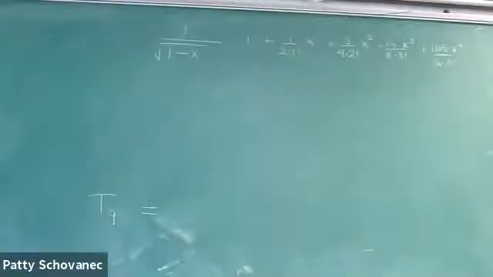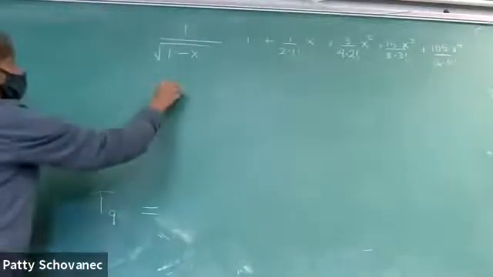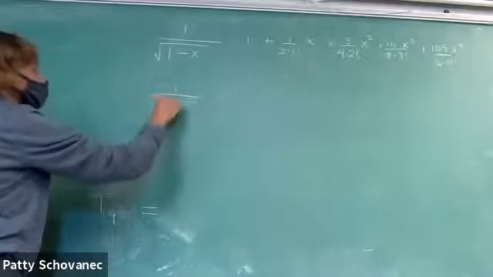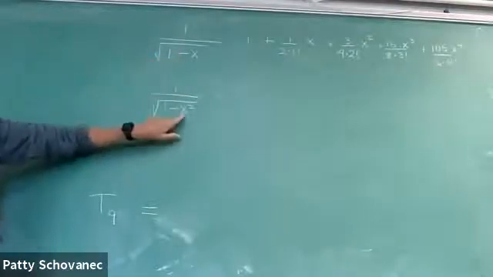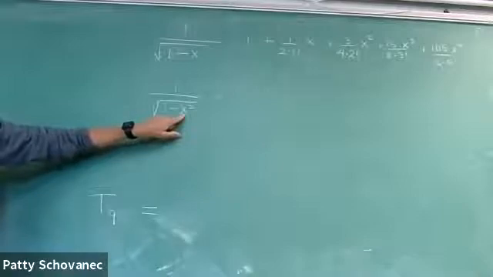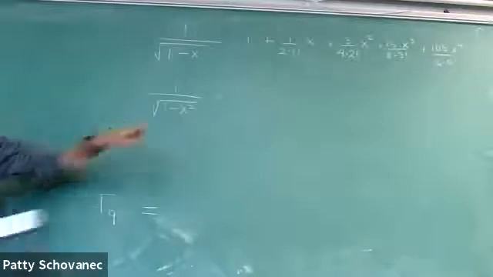The reason I wanted you to do that is now I want the power series for this. What do you do there? I already have the negative x. I'm just going to replace each x with x squared.